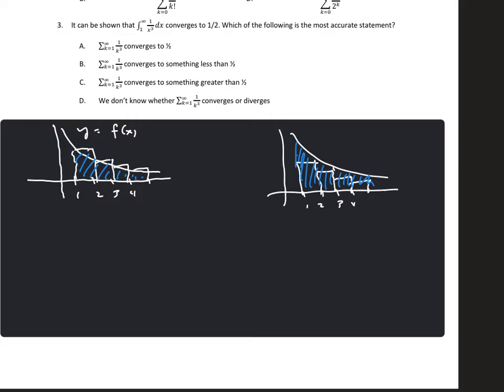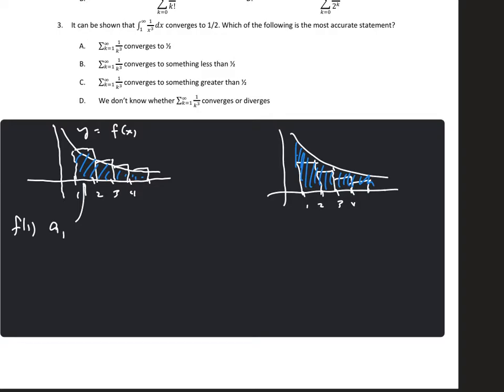So in the picture on the left, the rectangles are winning. The rectangles are bigger than the blue shaded area. And in the picture on the left, the first rectangle's height is a sub 1. It's really f of 1. We get that by plugging 1 into the function.